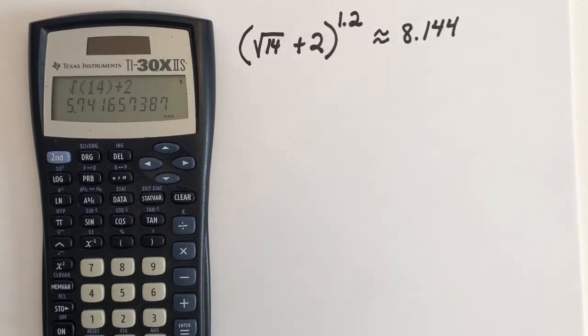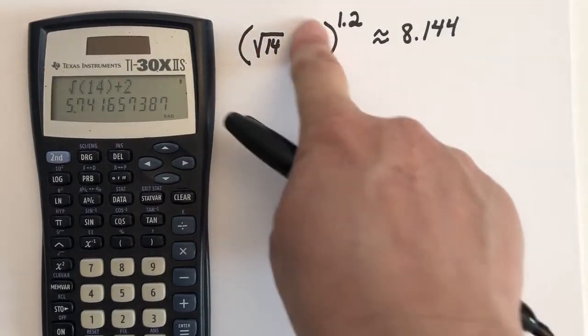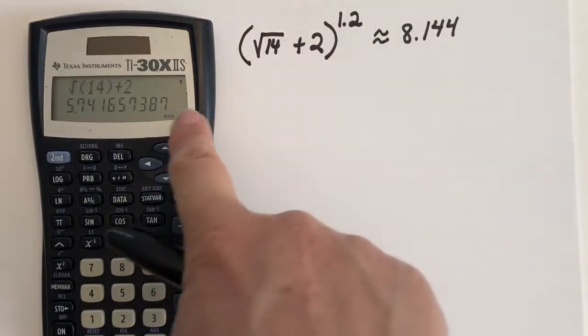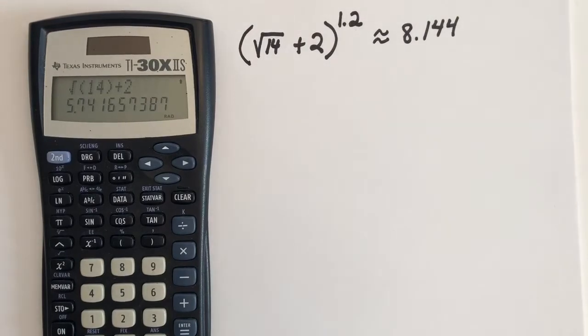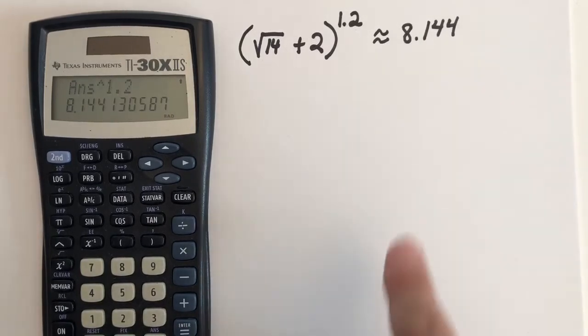So it does require that keystroke if I'm going to avoid the parentheses around that base. So now what's on display in my calculator is this base, that base represented as a decimal. And now I can raise it to the 1.2 power and press enter, and notice I still get that 8.144.